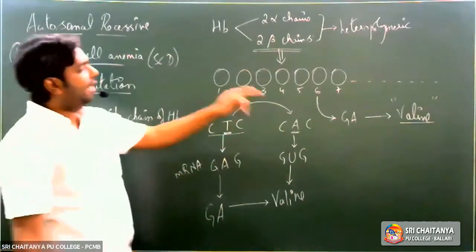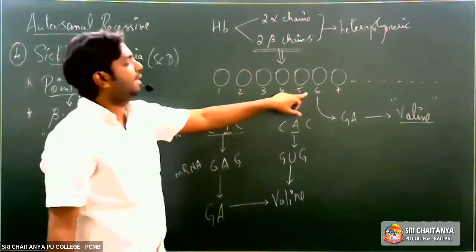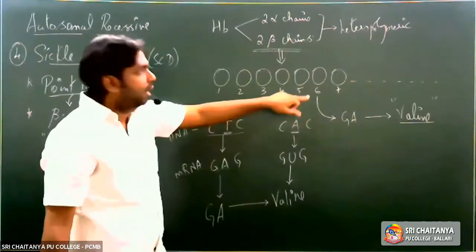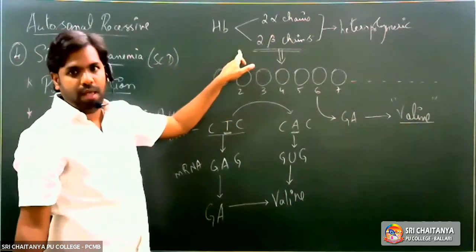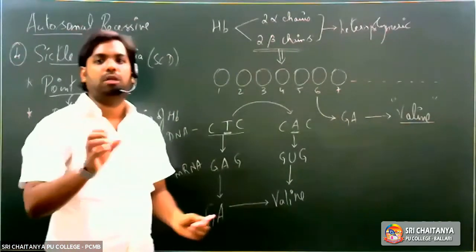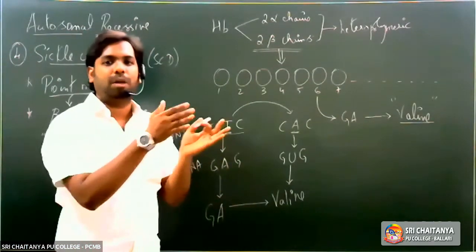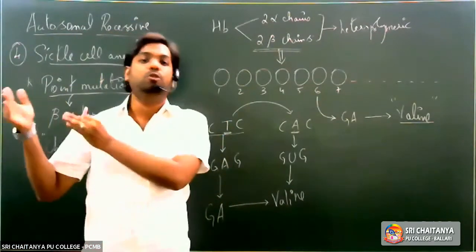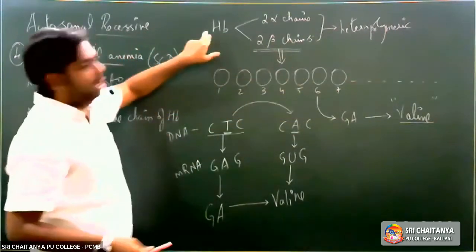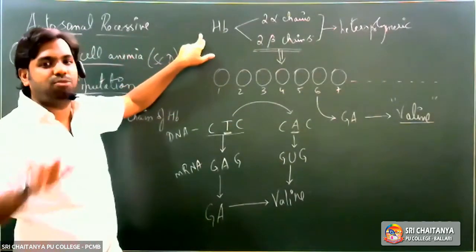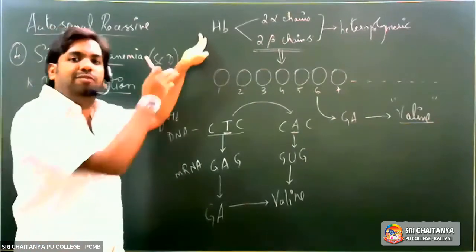Now, because valine is replacing glutamic acid at the 6th position in the beta polypeptide chain, the beta polypeptide chain is not being produced properly. As a result, hemoglobin is not produced properly. There is some sort of distortion in the structure of hemoglobin.